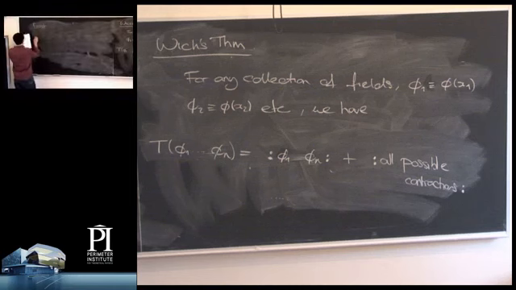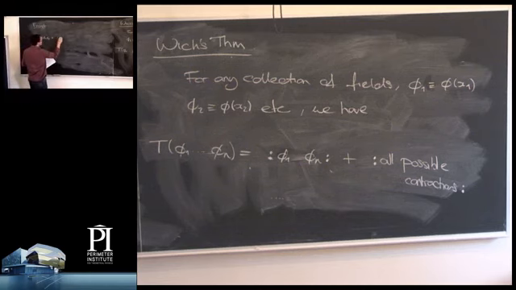An example is to take 4 fields, an operator that's a string of 4 of the same fields evaluated at 4 different points. The time-ordered product is equal to the normal-ordered product plus all possible contractions. So what does all possible contractions mean? Firstly, I can contract phi1 with phi2, or phi1 with phi3, or phi1 with phi4, or phi2 with phi3, or phi2 with phi4, or phi3 with phi4.